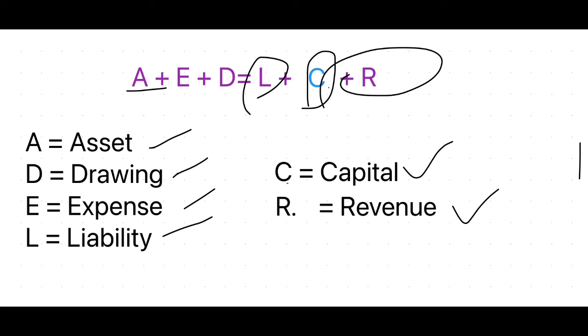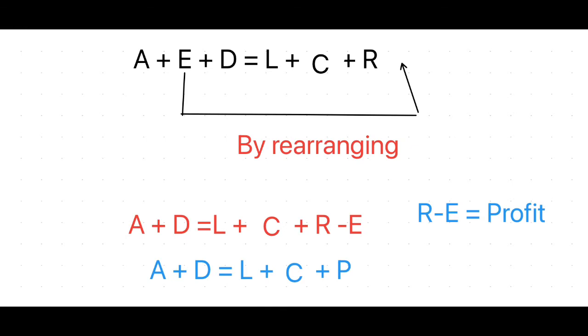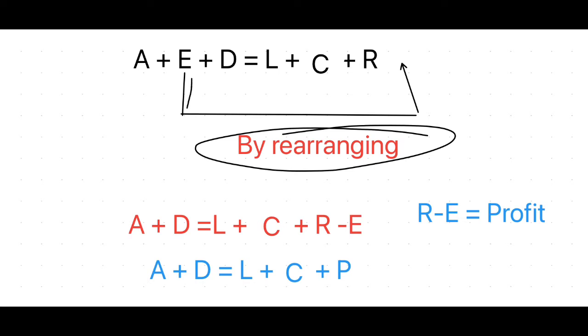So as we move to the next slide, asset plus expense plus drawing is equal to liability plus capital plus revenue. That is our initiating point, and now we will rearrange and move the expense towards the revenue.